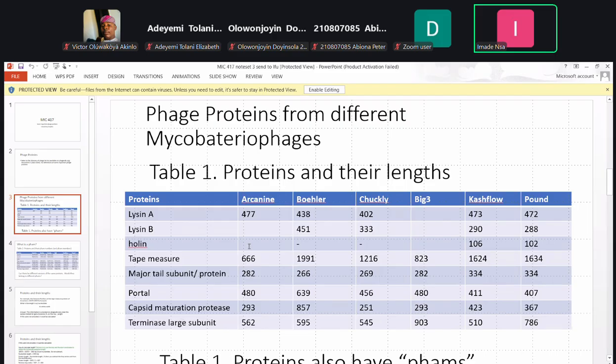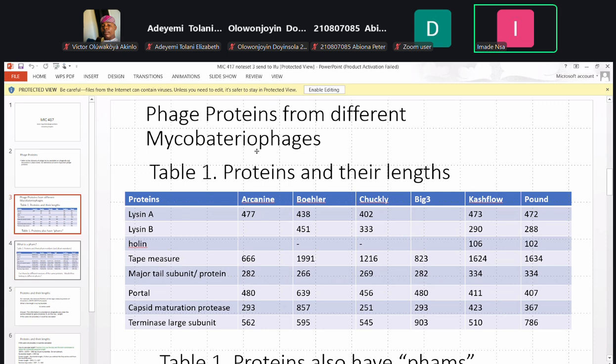I want you to look at this. This is across A1 phages. So the lysin A of Acanine is 477, Boiler 438, different sizes. Tape measure 666, 1991, 1216. These are their proteins and the protein lengths, okay?